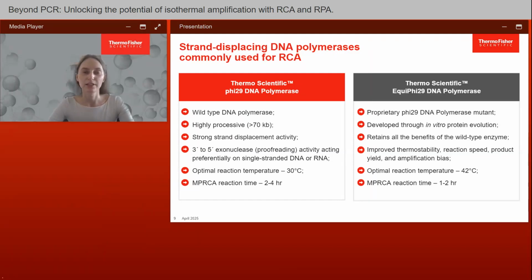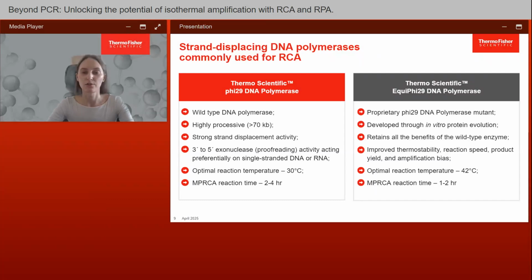But alternatively, you can use EquiPhi29 DNA polymerase, and it is a Phi29 DNA polymerase mutant developed through in vitro protein evolution. It retains all the benefits of the wild-type enzyme, including high processivity, strong strand displacement, and exonuclease activity.